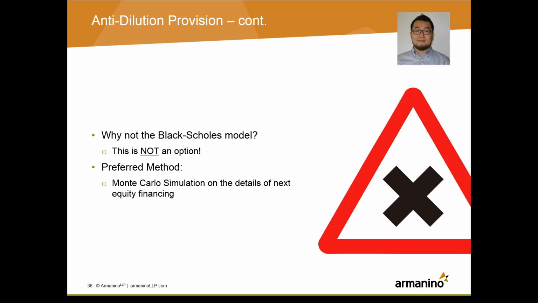Why not Black-Scholes model to determine the value of anti-dilution provision? This is a little bit of a tricky situation because all the prior examples have been an option. In this case, it's not an option because the Series A shareholders do not have to make a decision whether to change their conversion price or not, nor does the company have to do it actually.